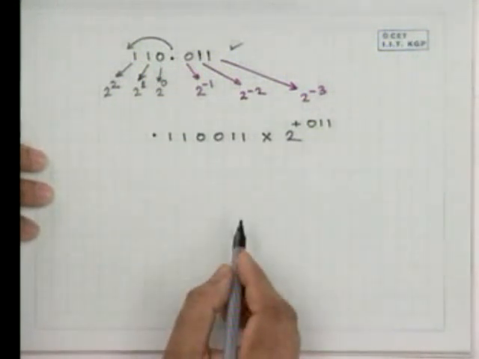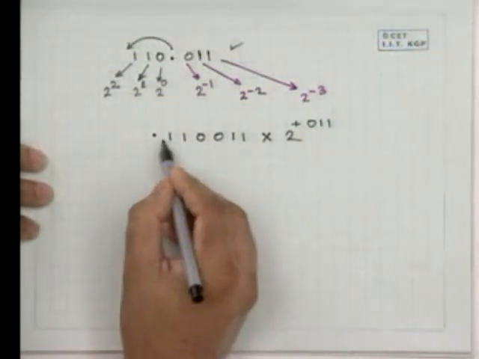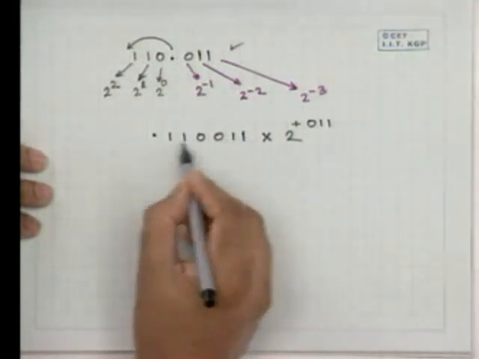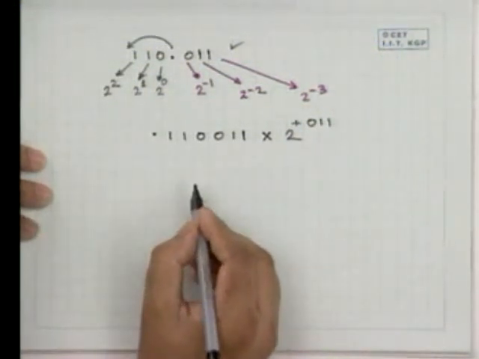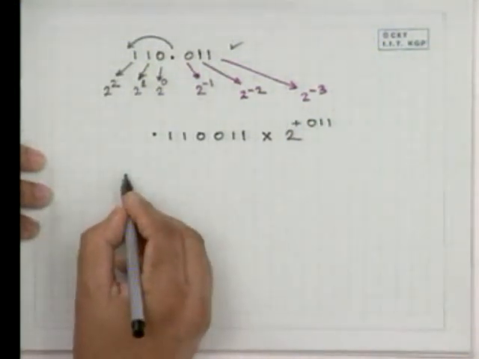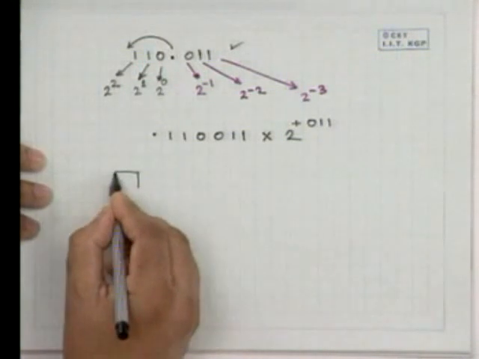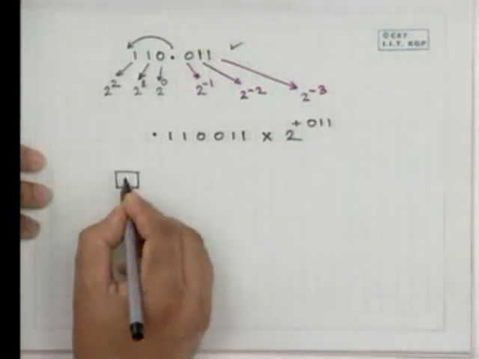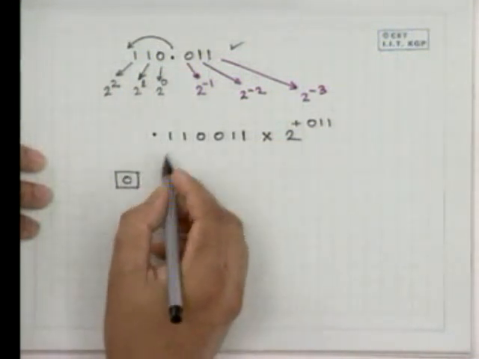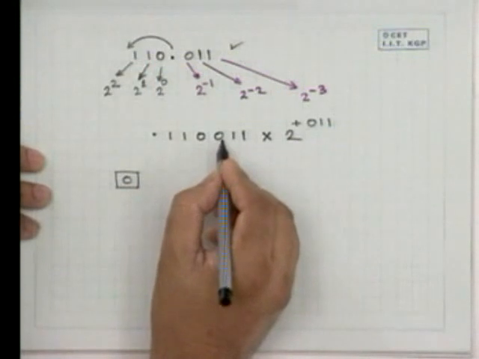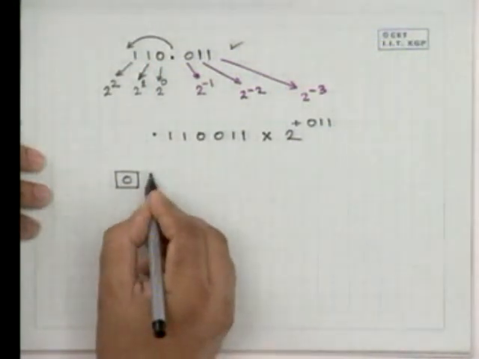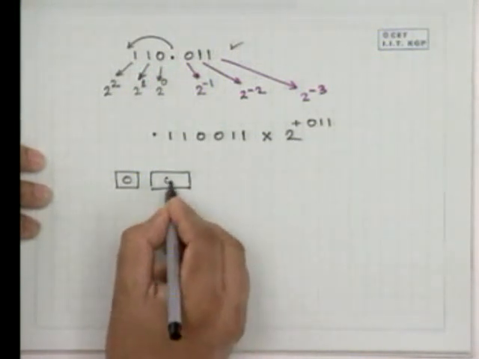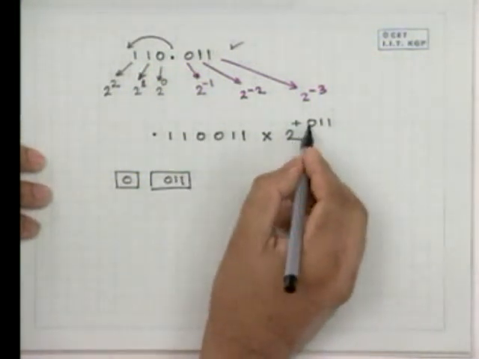Once more, we assume that 6 significant binary digits we can keep, and therefore we have a representation where we first keep the sign bit. Say this is a positive number, therefore 0 is the sign bit. Then we keep our exponent bits, say 011, so this is a positive exponent.